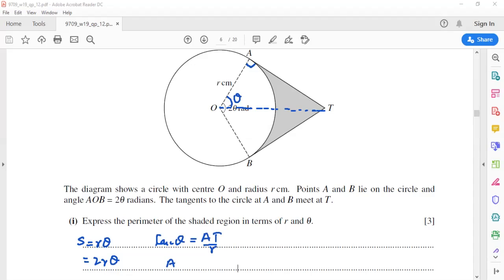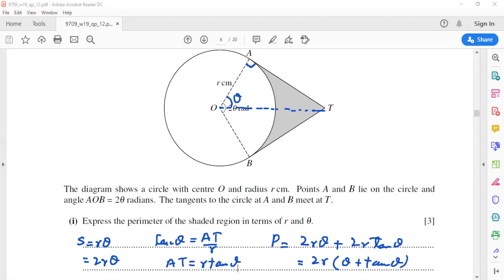So AT is equal to r tan theta. So this and this length will be equal. So the perimeter is going to be 2r theta plus 2r tan theta. So 2r is taken common, theta plus tan theta will give you the perimeter of this.